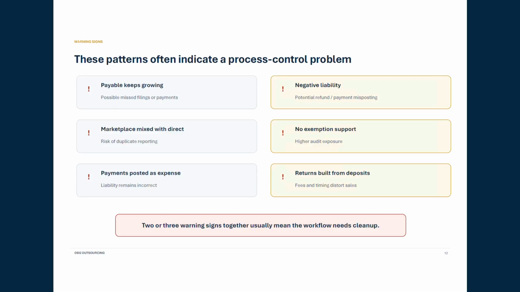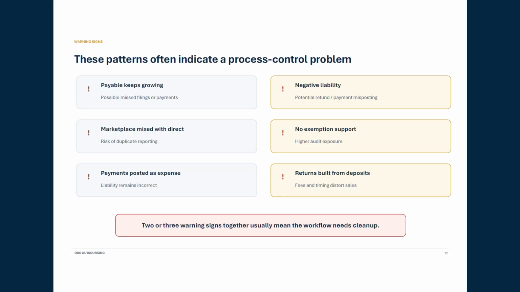These are warning signs that your sales tax books may need cleanup. The sales tax payable balance keeps growing. The liability becomes negative without a clear reason. Marketplace sales are included in direct filings. Exempt sales do not have supporting certificates.